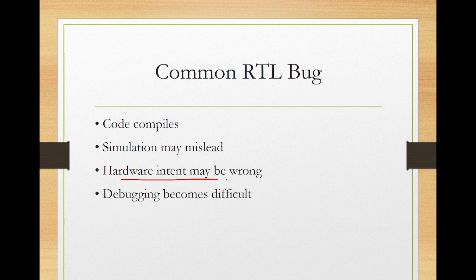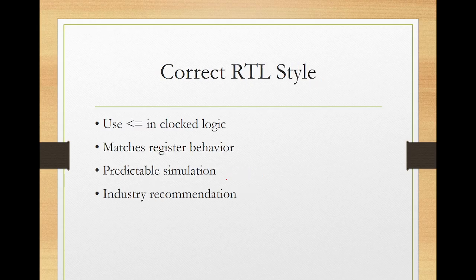So what do professional RTL engineers do? Simple, inside clocked logic, use non-blocking assignment. Because they model real registers, because they behave perfectly, because they avoid many bugs. This isn't just a recommendation. It is a survival strategy.